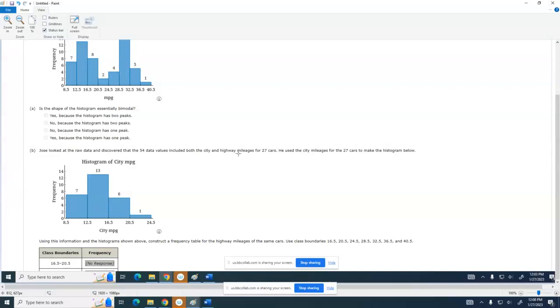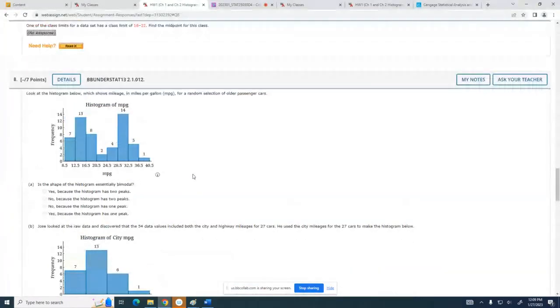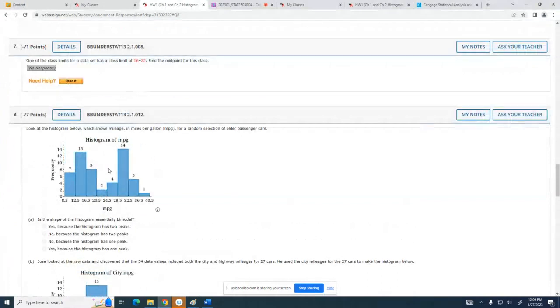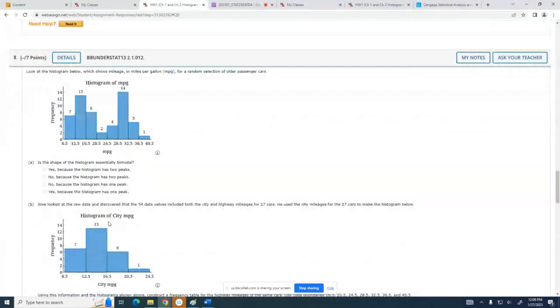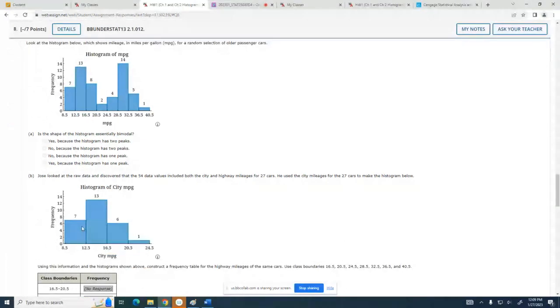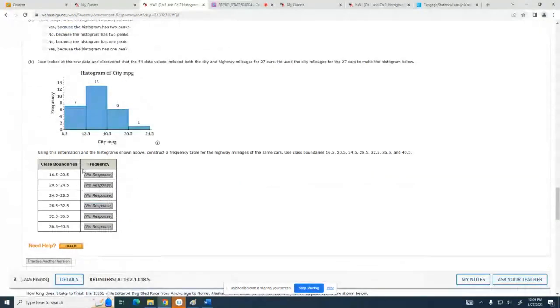But for the frequency table, we have only up to 24.5 for the city diagram. We have more for the top one. So we merge them together. But we can't, because this one is only the city and this one is only the highway.